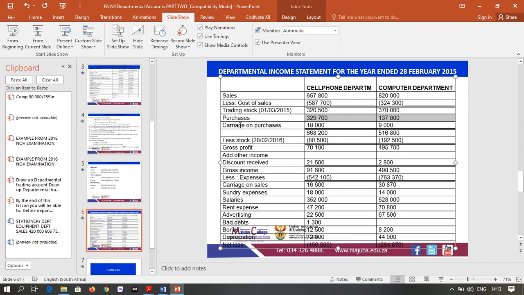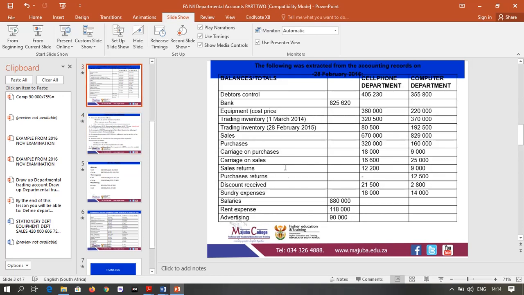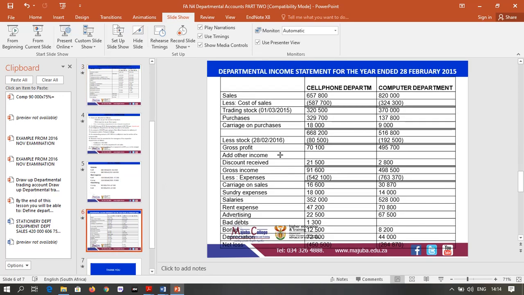Then we move to carriage on purchases. Again, before you write carriage on purchases, you need to check your additional information if there's anything that was purchased and we didn't pay the delivery fee. According to this exercise, we have only carriage on sold, not on purchases, which means the carriage on purchases, 18,000 and 9,000, come as is.